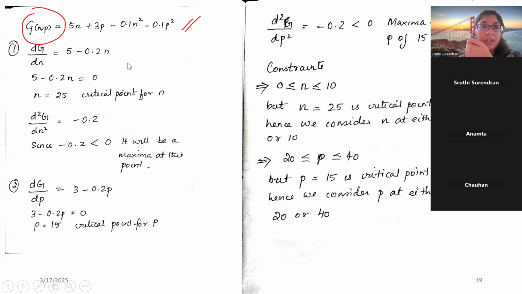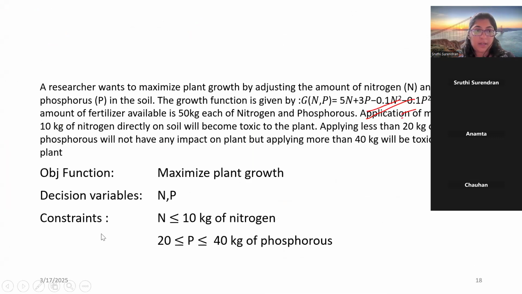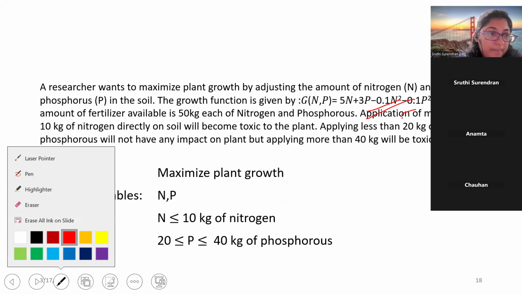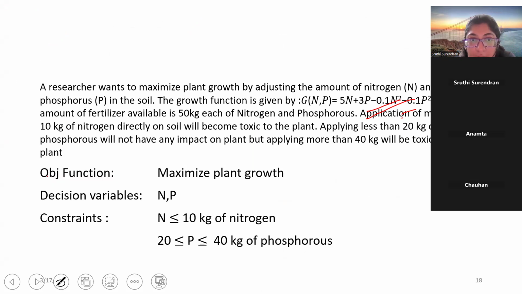Okay. So let's resume. So first step, what I did over here for this problem, which is a researcher wanting to maximize the plant growth, and the function is given by this one, where G is the growth, N is the nitrogen quantity, and P is the phosphorus quantity.